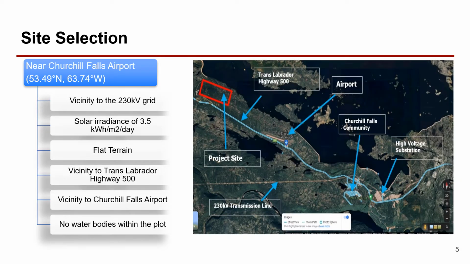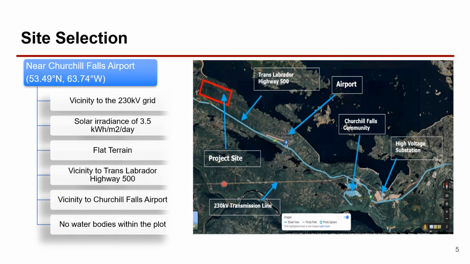Site selection was done on various criteria such as proximity to the existing transmission grid in Labrador, solar irradiance, terrain, and proximity to the means of transport. So this is the selected plot for the project.